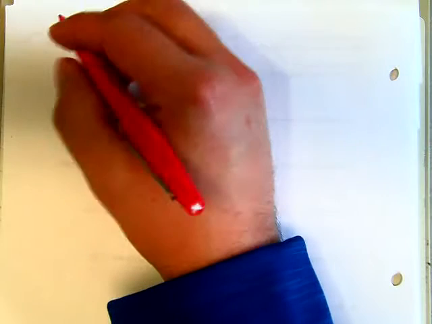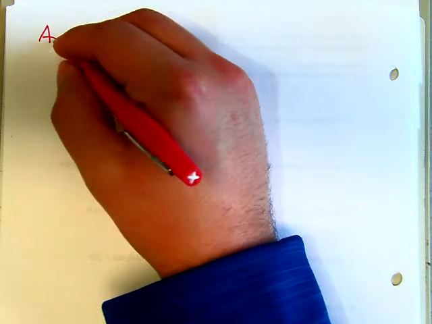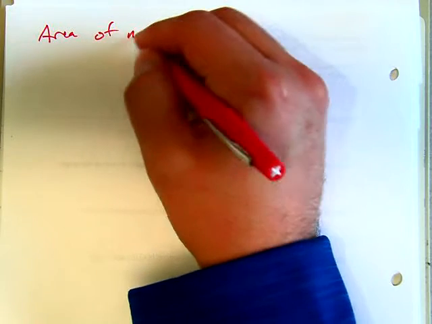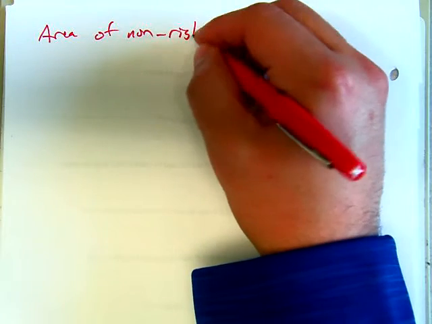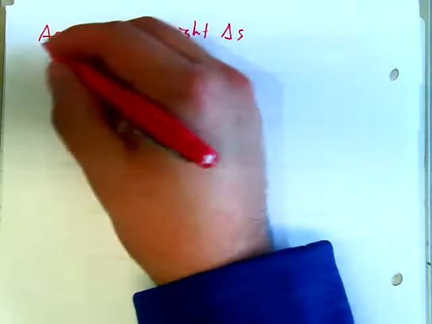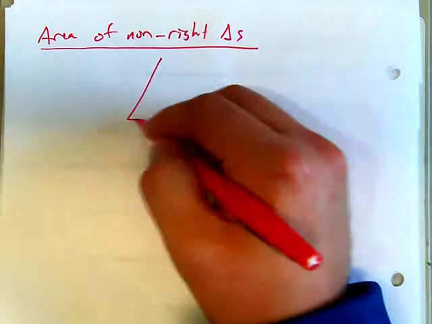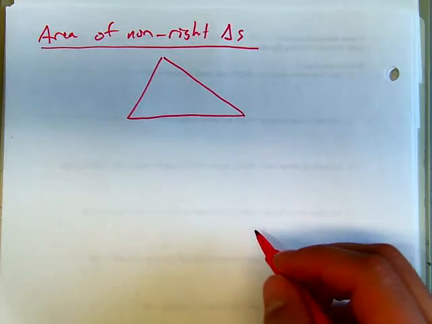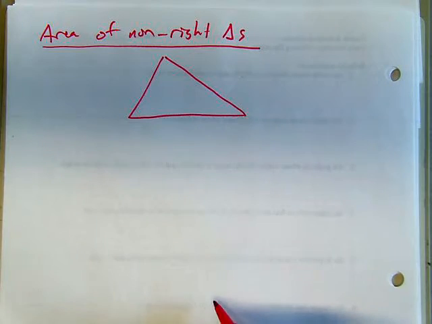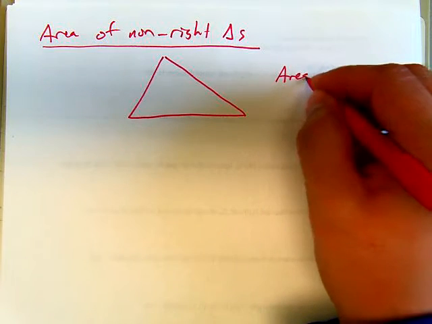Okay, so now what we'll do is talk a little bit about some other things that are in this section. So let's talk about area of non-right triangles. Okay, so here's a triangle, not a right triangle, and let's say we want to find the area.